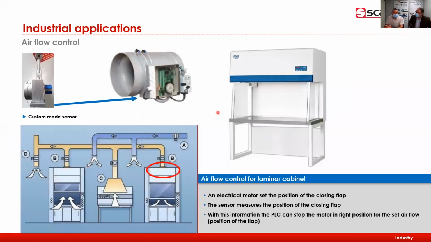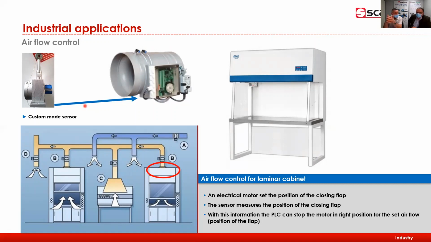Okay. What about...? Sorry, please. The application is to control the airflow for a laminar cabinet, for example. It depends on the application, or if you open and close this door, we need to change the flow. So the sensor is connected inside. In real time, we can know the position of the flap to close or not the flow of the air.